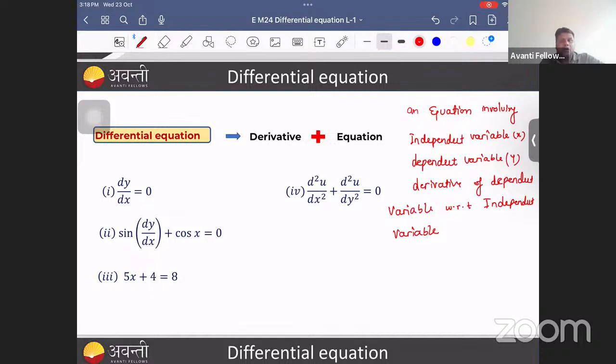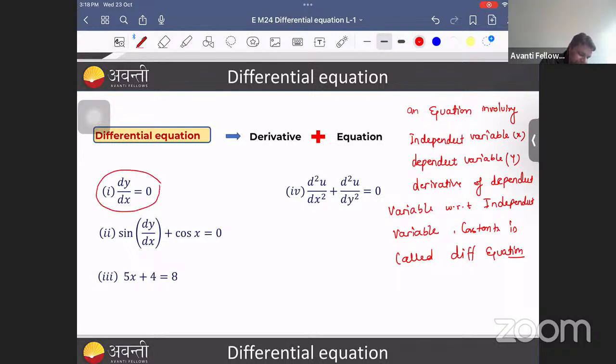An equation involving the independent variable, the dependent variable, the derivative of the dependent variable with respect to the independent variable, and certain constants is called a differential equation. Like if you see this here, the derivative of y with respect to x is given as 0. So this is a differential equation.